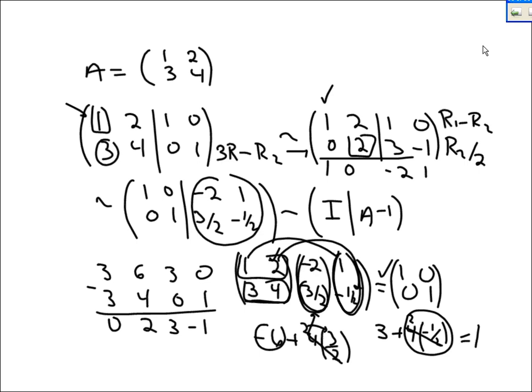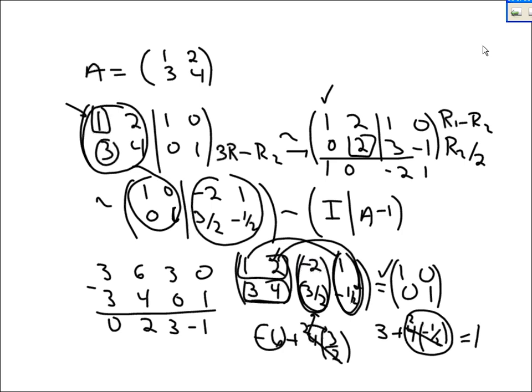Augment the matrix that you want the inverse of with the identity matrix. If you can transform this matrix to the identity matrix, then matrix A, the matrix to the left, is invertible, or non-singular, and you can find the inverse.